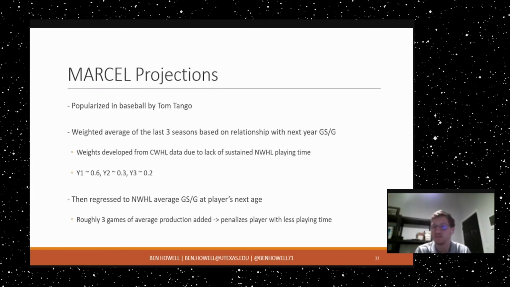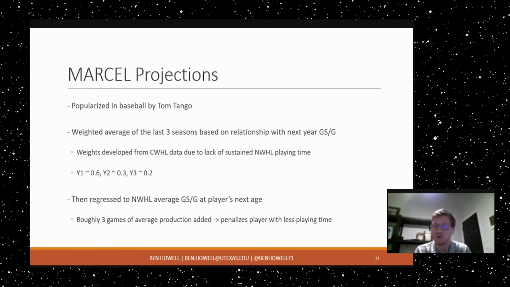Then there's an aging effect for each age, and how much the average increase or decrease in game score per game is for the player's next age. And then about 3 games of average production are added in.